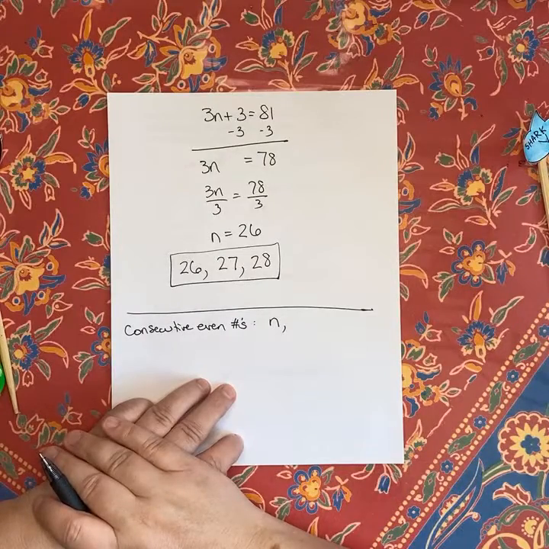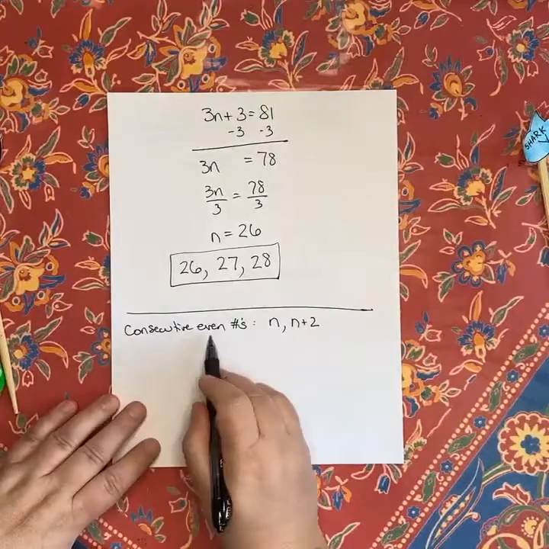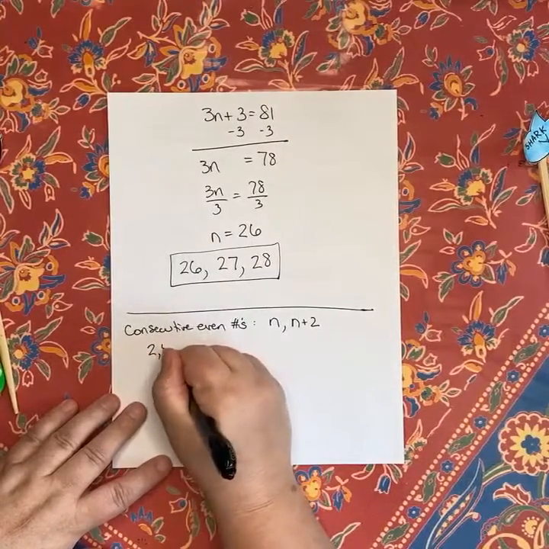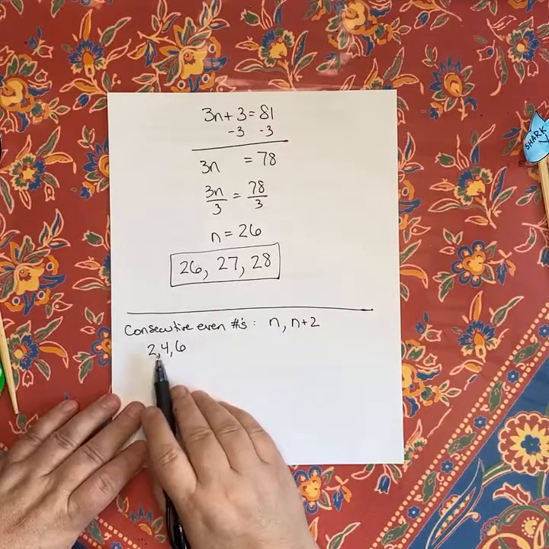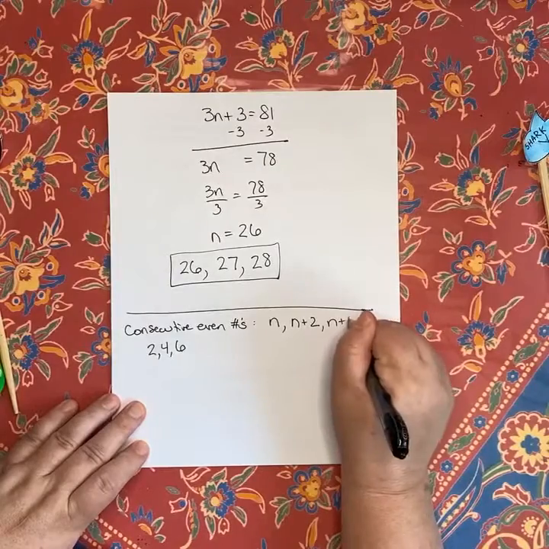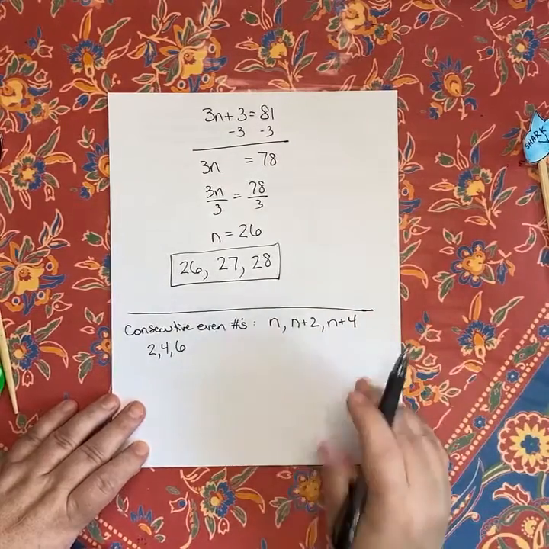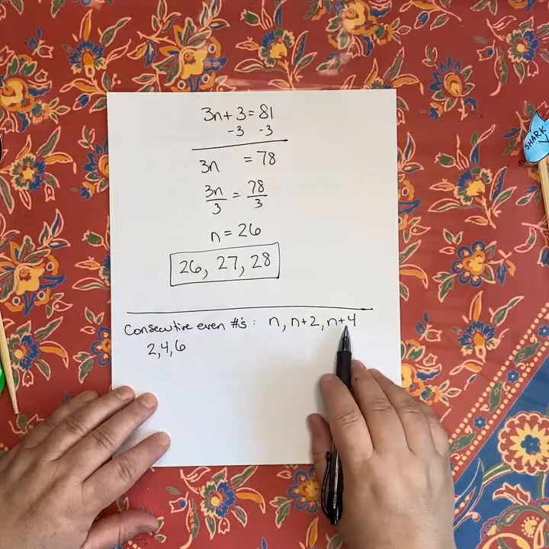The next one is n plus 2. Well, let's look. Consecutive even numbers: 2, 4, 6. How do you get from 2 to 4? You add 2. How do you get from 2 to 6? You add 4. So instead of being n plus 1, n plus 2, it's n plus 2, n plus 4.